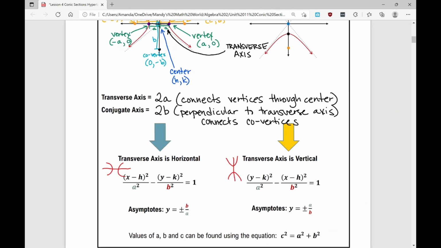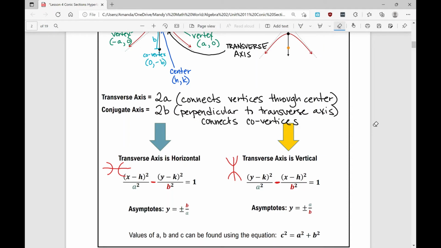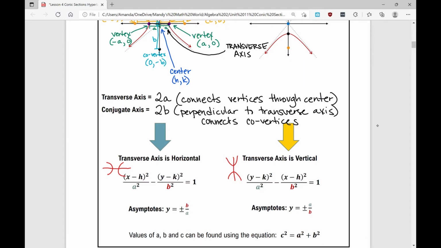So you might look at these two equations. Just go ahead and take a little peek. They look very similar to the equation for an ellipse. What differences do you notice? Huge difference. We have a minus sign, okay? Which ultimately means one of these is negative. And you have to be really careful, because I could write the equation on the right like this: negative (x minus h) squared over b squared plus (y minus k) squared over a squared.